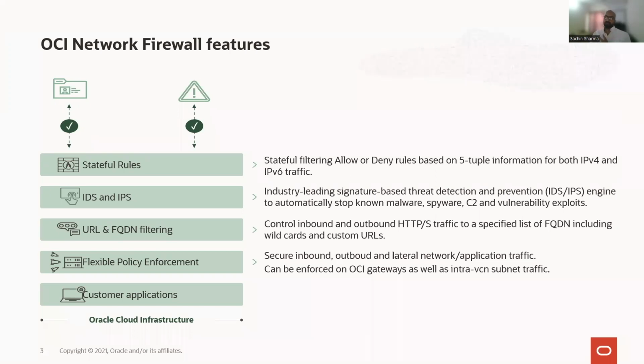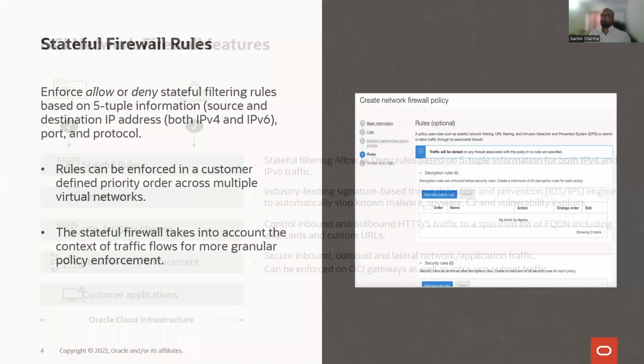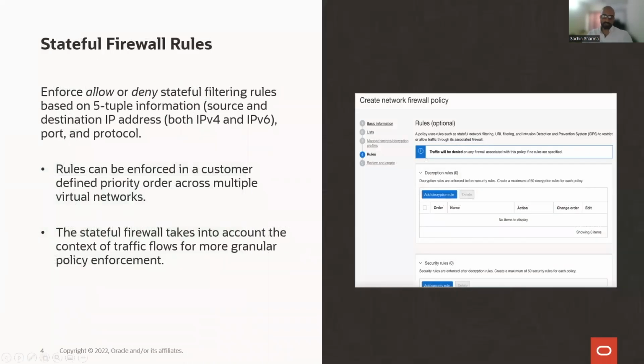URL and FQDN filtering you can do on OCI firewall, with a very flexible way of creating policy for those users or for that particular traffic. And yes, you can protect your customer applications, anything which is running on OCI VCNs, virtual cloud networks.